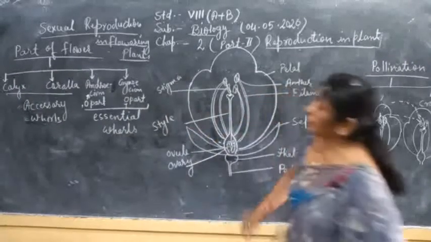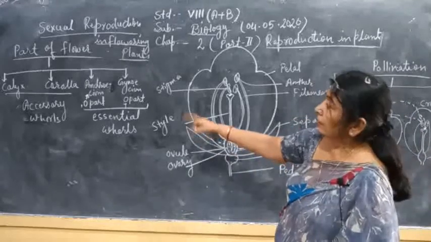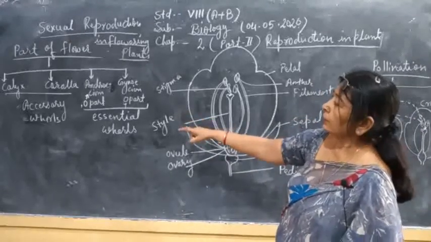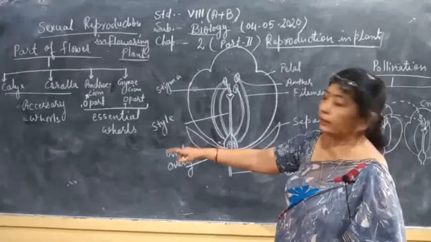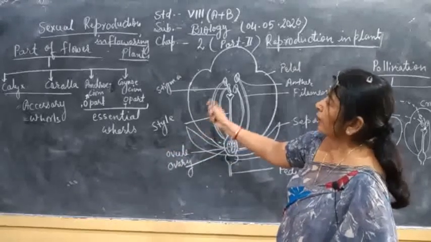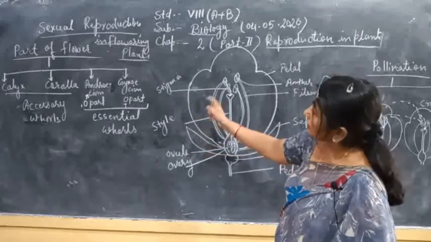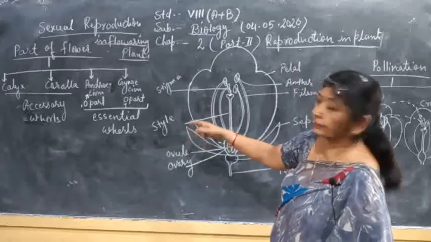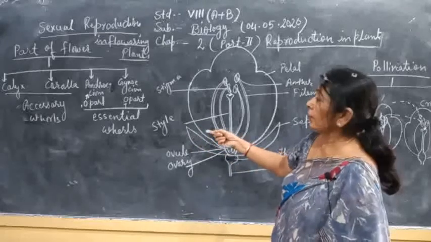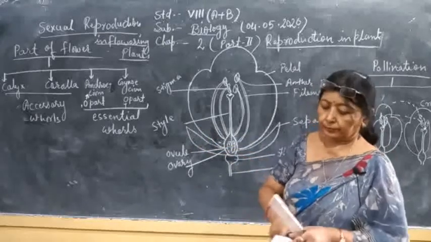I repeat again: calyx and corolla do not take part in reproduction, but androecium and gynoecium, the male and female parts, take part in reproduction.